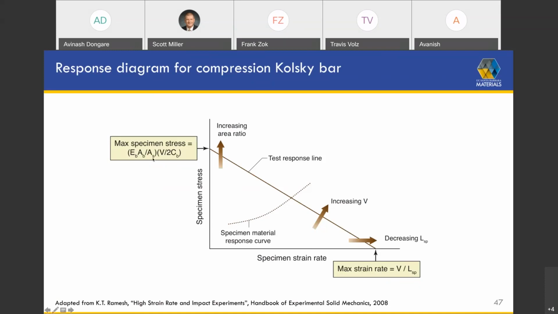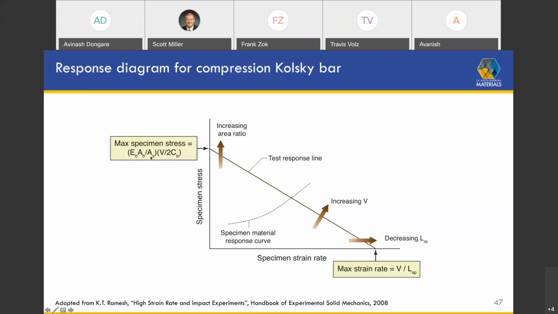Okay? So we put in a velocity here of 50, wave speed of about 500, a bar modulus of about 200 GPa. Okay? So doing all of that, we get about 1,000 MPa. And so the maximum stress is 1,000 MPa times the ratio of the bar area to the specimen area.